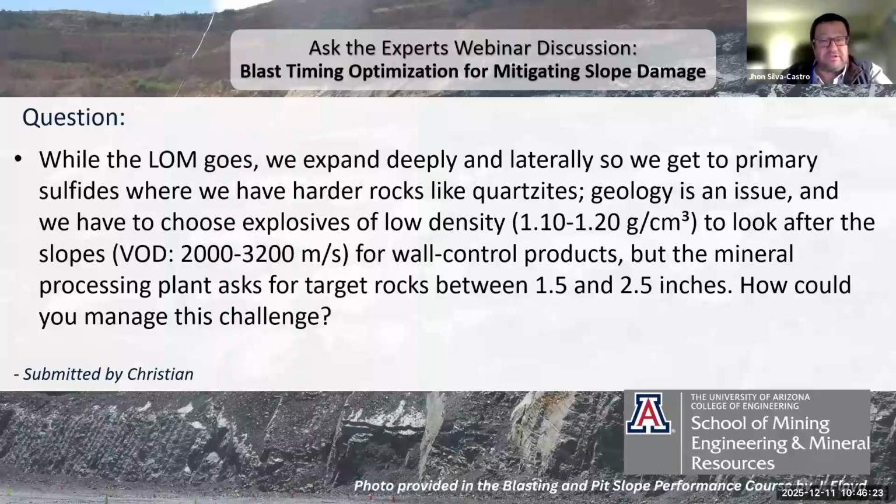Let's say sacrifice in terms of fragmentation, but you can produce the product you are looking for maybe at some distance away from the slope. So this is what Pat says: when the processing plant knows that we are shooting close to the wall, the fragmentation is not going to be that ideal that they are looking for, you know?